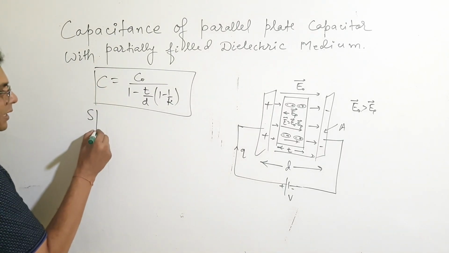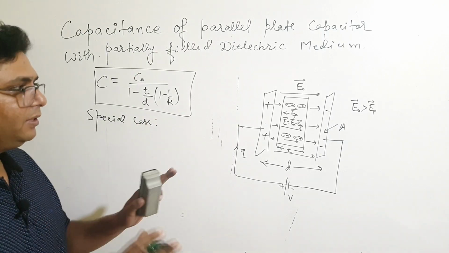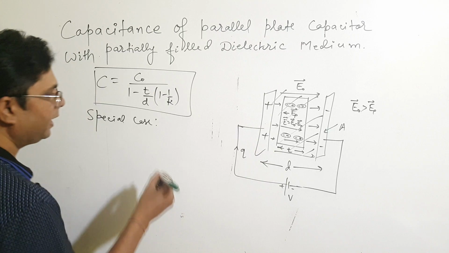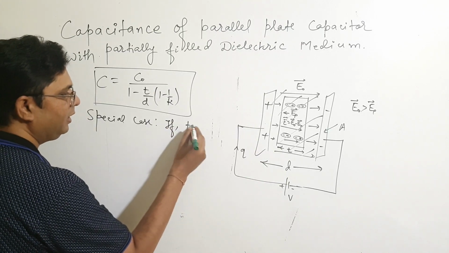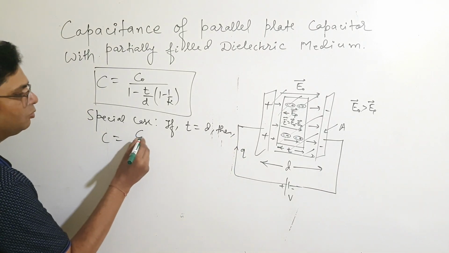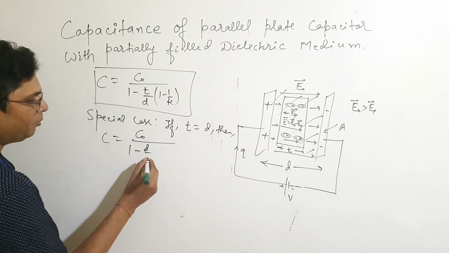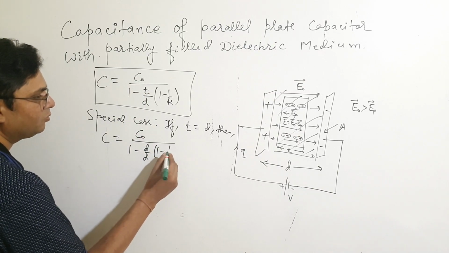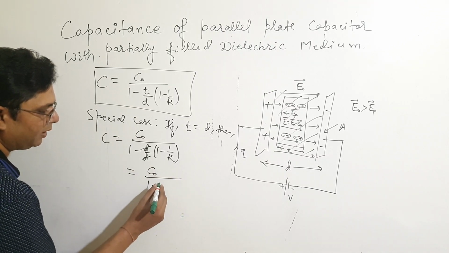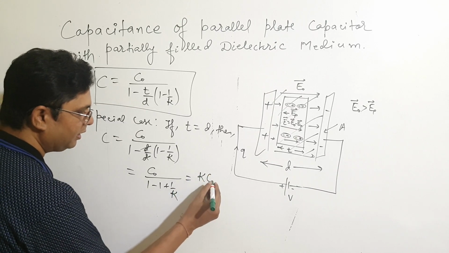Now let us have a special case: if the capacitor is completely filled by the dielectric. This means T equals D, then C equals C naught divided by 1 minus D upon D times 1 minus 1 by K. Cancel this D, so you have 1 minus 1 plus 1 by K, which equals K C naught.